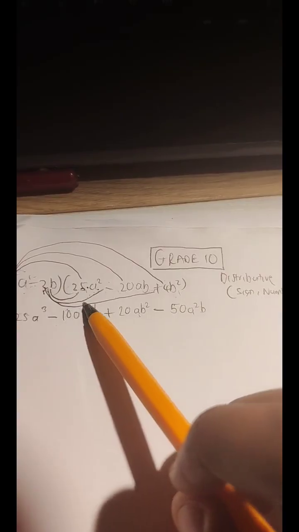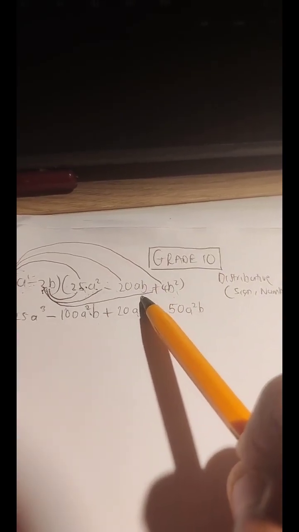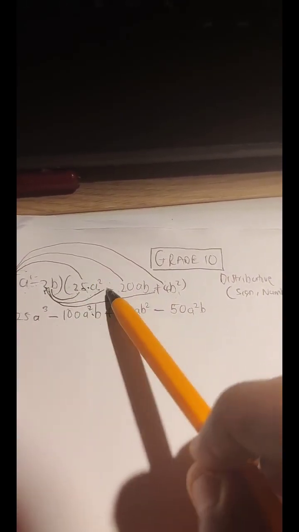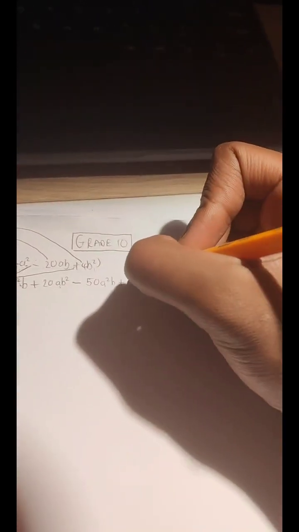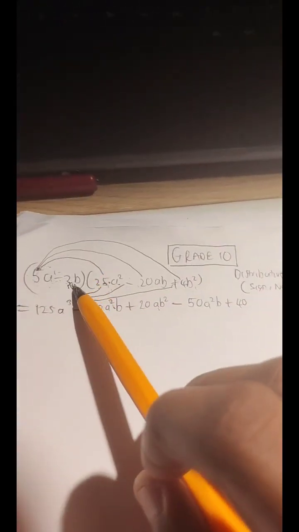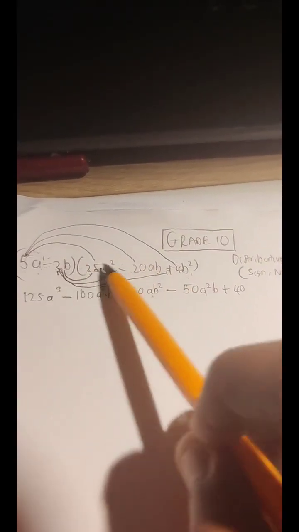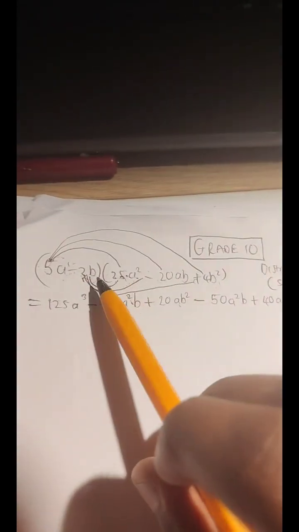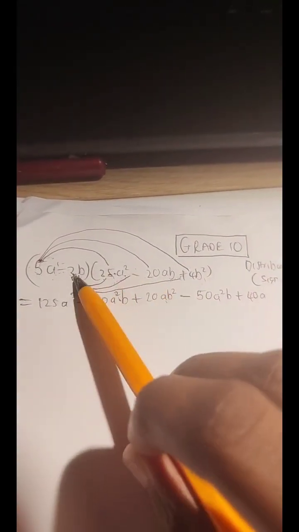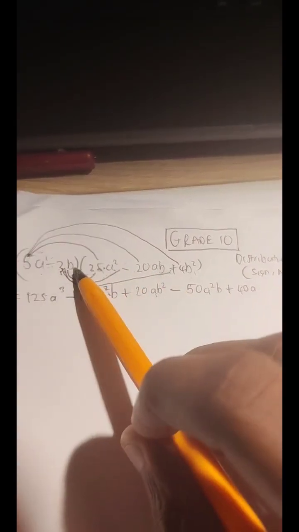You take the negative 2b and multiply by negative 20ab. We do the same thing. The sign: negative times a negative, positive. 2 times 20 is 40. B times ab: the a will stay. For b times b, when you multiply the same bases, what do you do to the bases?